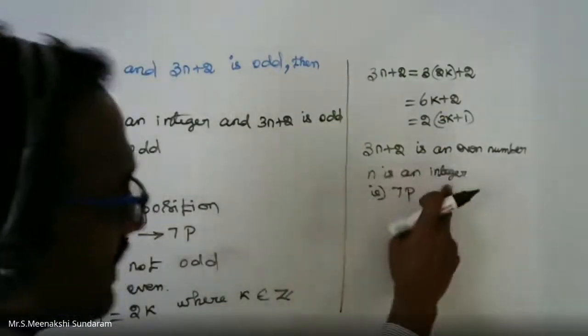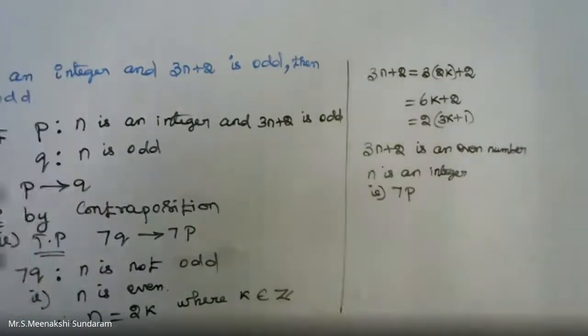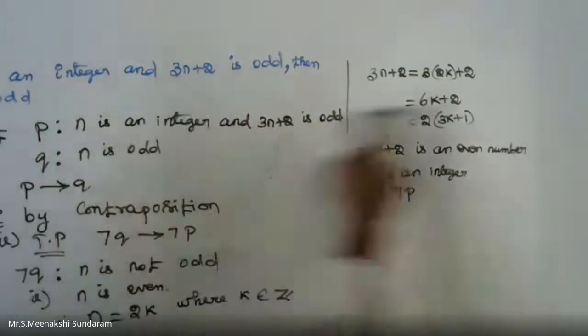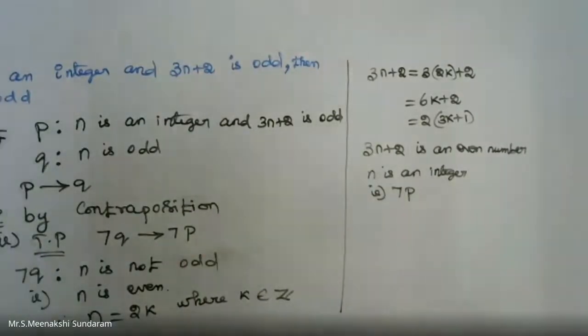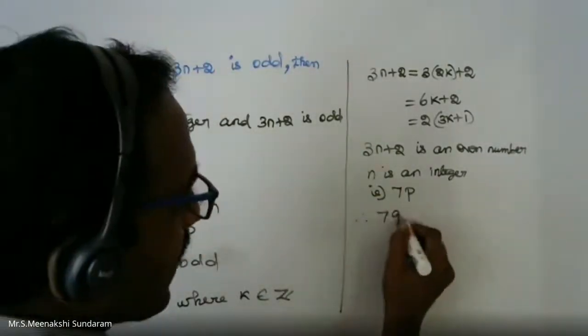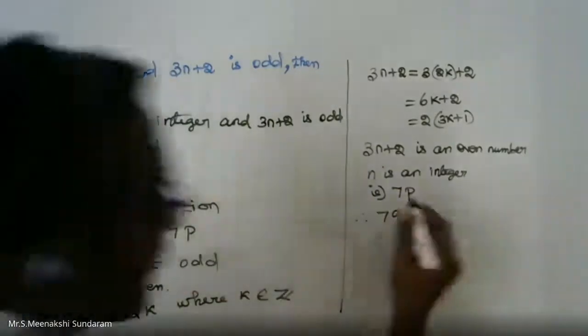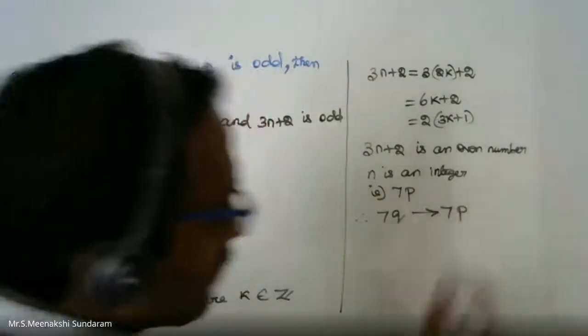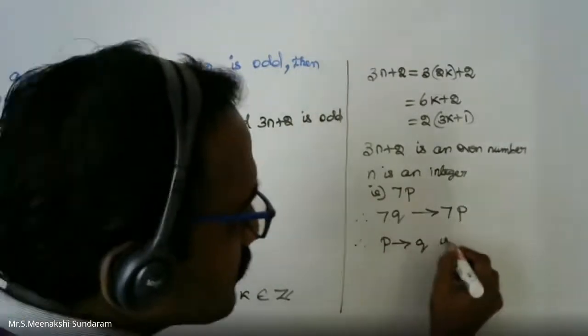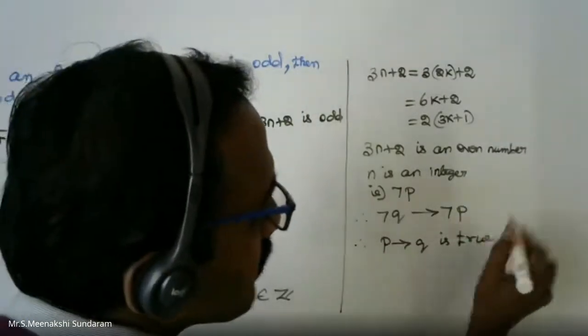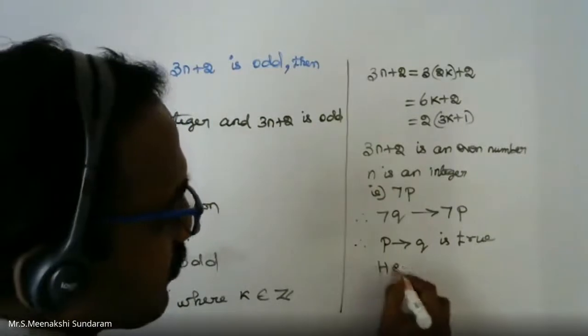Here n is an integer, 3n plus 2 is even. I take for odd, here even. That is a negation, and that concludes the proof. For negation q, we take our assumption and get our conclusion negation p. So p implies q is true. Hence the proof.